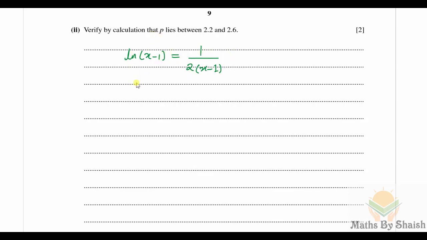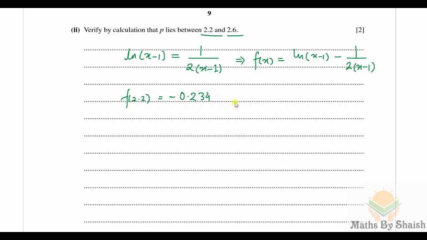Now we'll make a function out of it so that we can find the value at these 2 points. So I'll take f of x, by taking this thing to the other side, and we will get ln of x minus 1 minus 1 upon 2 times x minus 1. So let's find f of 2.2 by calculator, and that is minus 0.2354 and so on.